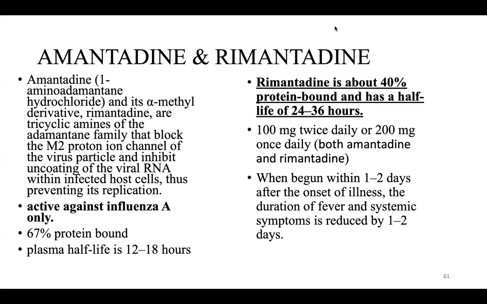Rimantadine is about 40% protein bound and has a half-life of 36 hours. Amantadine is excreted unchanged in the urine, whereas rimantadine undergoes extensive metabolism by hydroxylation, conjugation, and glucuronidation before urinary excretion.